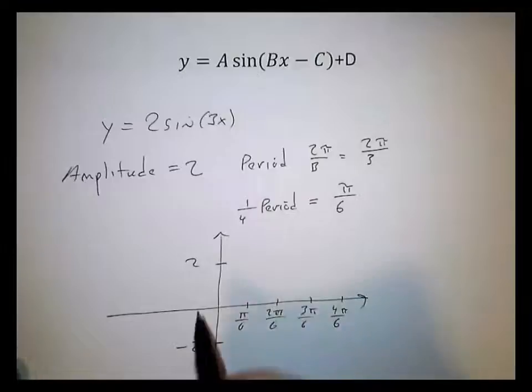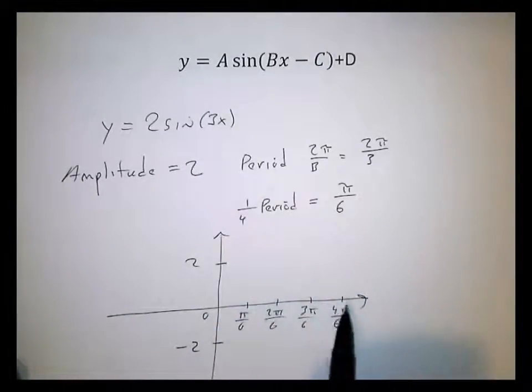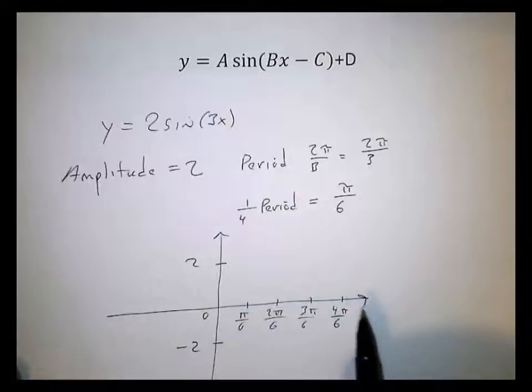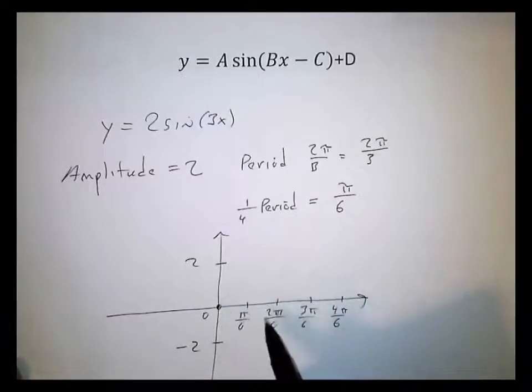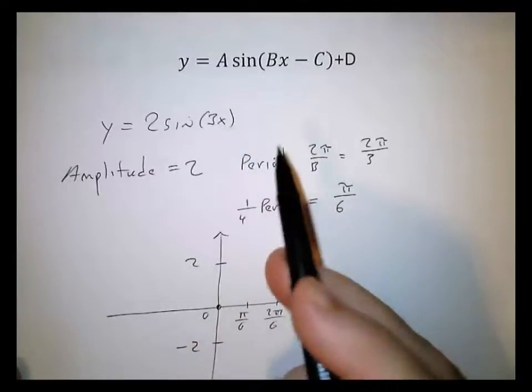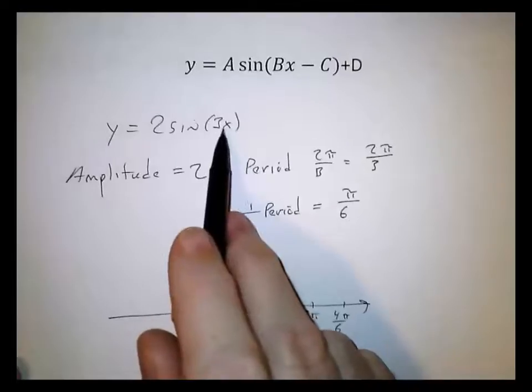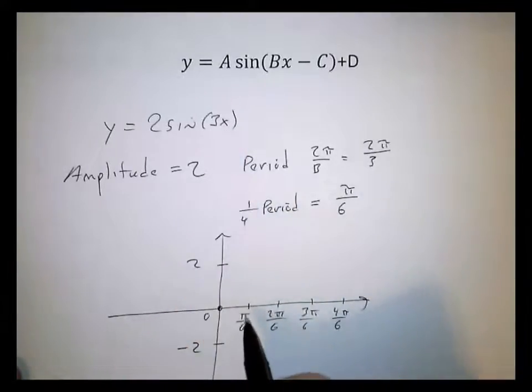Okay, and this is 0. So again, these points of interest are evenly spaced here, and at 0 I have 0. If I put pi over 6 in here, I'm actually going to have the sine of pi over 2. So put pi over 6 in there. 3 times pi over 6 will give us pi over 2. Notice that I had to shrink by a factor of 1/3 horizontally to get the pi over 2.